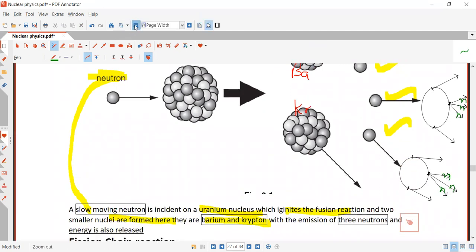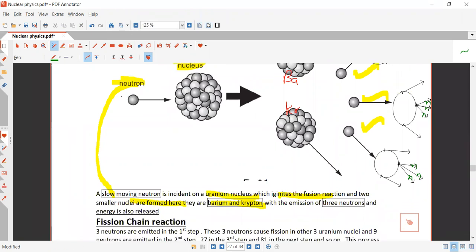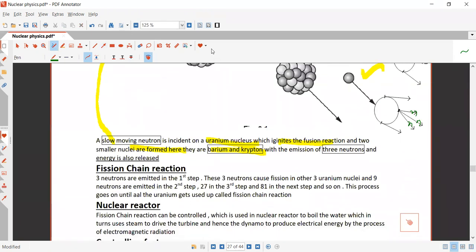So these 9 neutrons are going to do the fission reaction in the other 9 nuclei. So the result is going to be 3 neutrons in the first step, 9 neutrons in the second step, 27 in the third step, and this is going to go on and on. This process goes on until all the uranium gets used up, called a fission chain reaction, right?